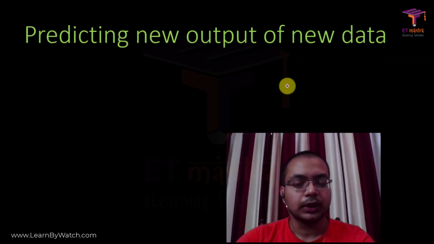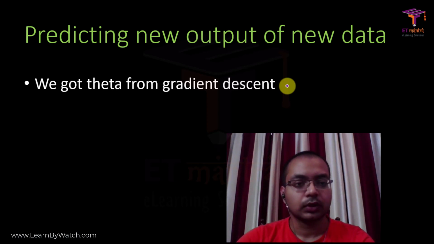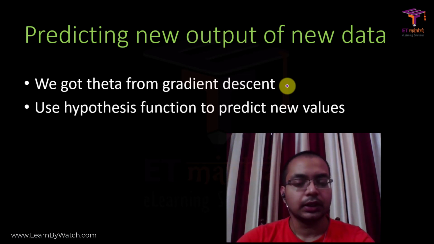Now after we have determined our value of theta, how do we predict the output of new data? So we got theta from gradient descent, and then we will use our hypothesis function, which takes the parameters theta 0 and theta 1, and using that we will be able to predict the labels of new values.